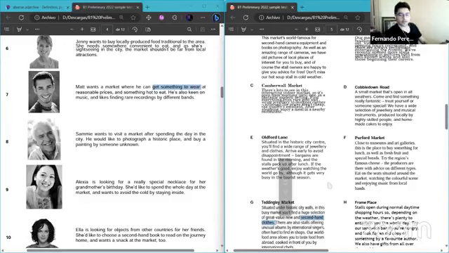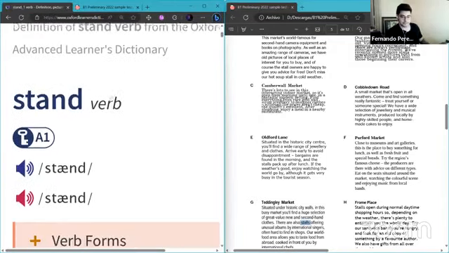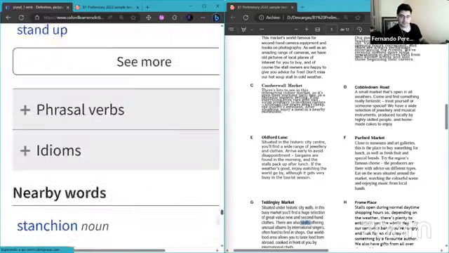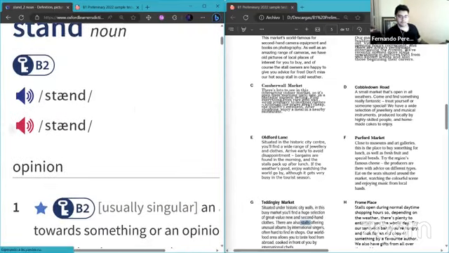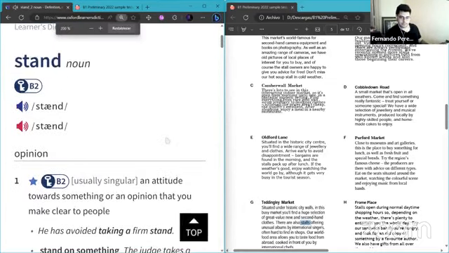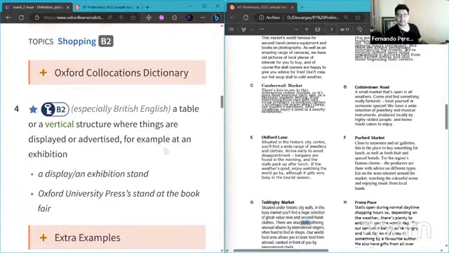Questions, guys. Do you know what stalls is? Vocabulary? Okay, this is new, right? The one over here. Stalls. Probably you are familiar with the word stand, but as a noun. Stand, of course, talking about a market.